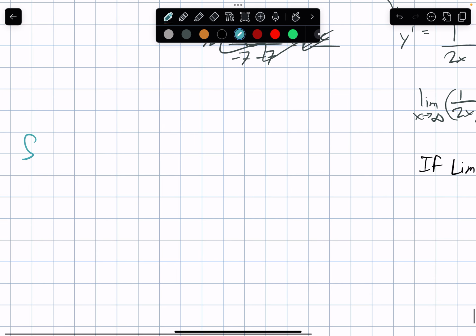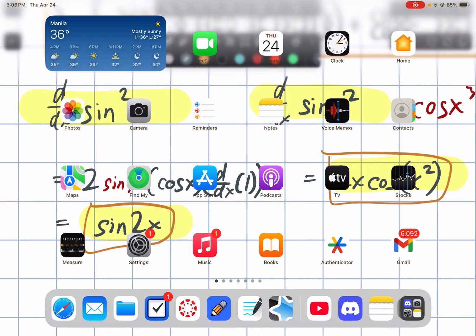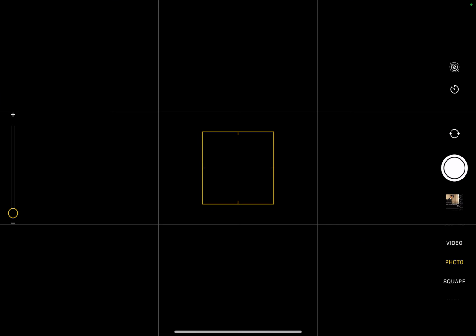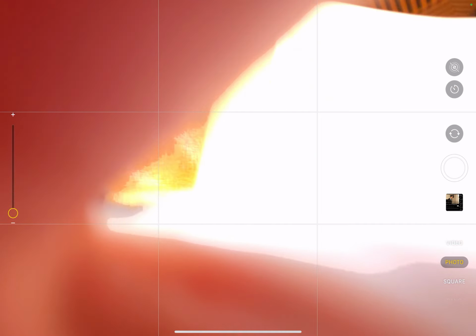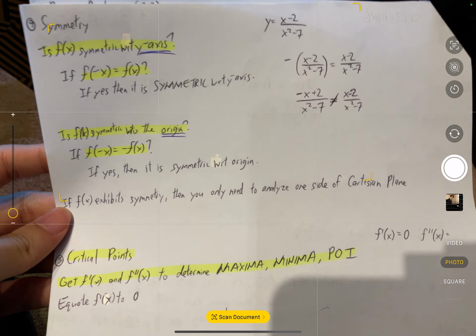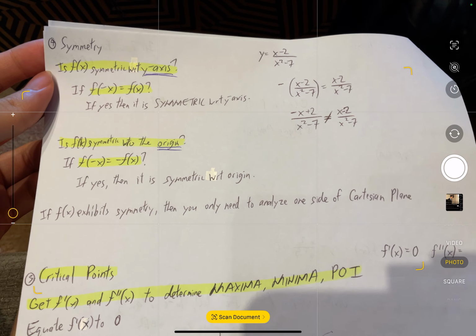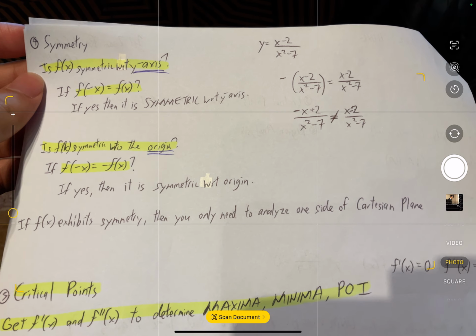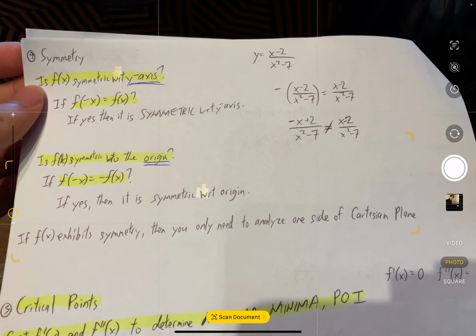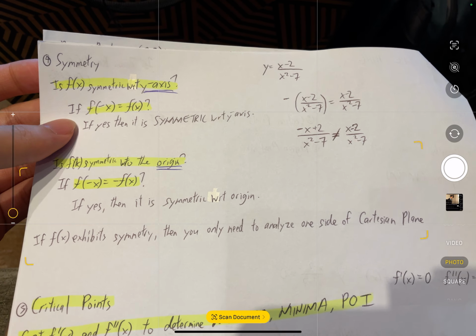Let's move on to symmetry. So let me just show you something. For symmetry, these are the guide questions. You'd want to ask, is f of x symmetric with respect to the y-axis?